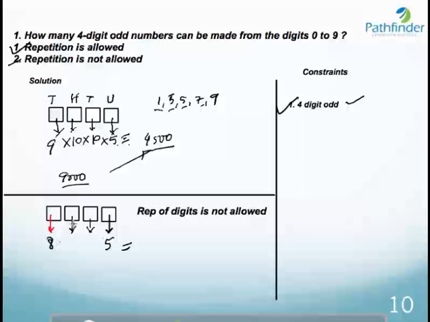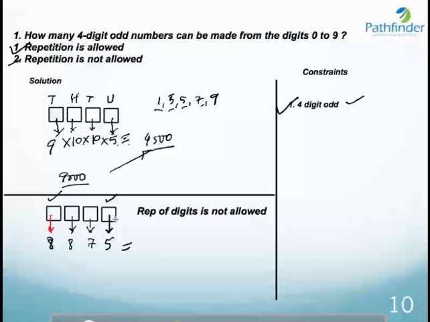At the hundredths place, there are 10 digits possible, but because repetition of digits is not allowed and 2 digits have been used at the units place and at the thousandths place, the number of digits remaining which we can fill at the hundredths place is only 8. And similarly, the number of digits available for the tens place is 7, because out of 10 digits, 3 have already been occupied.